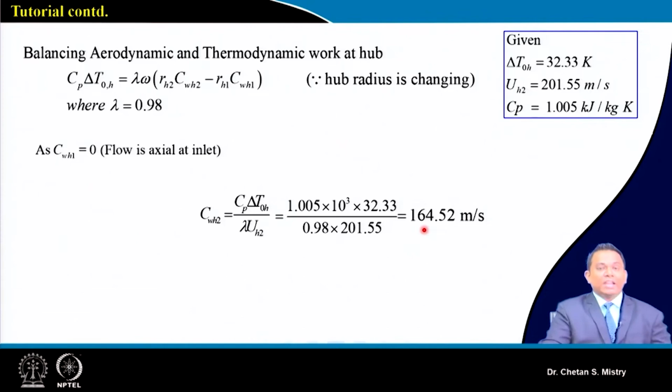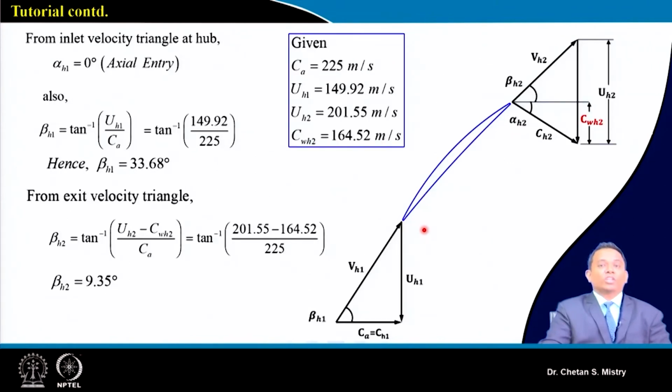Now once this is known to us at the exit station, it will make our calculation easy. So let's move with what velocity triangle we will be having. This is representing my velocity triangle at the entry of the rotor. This is the velocity triangle at the exit of the rotor.